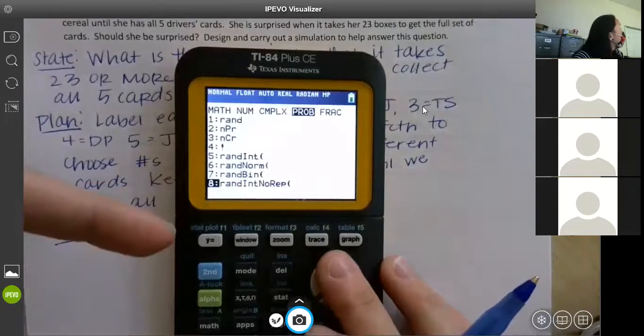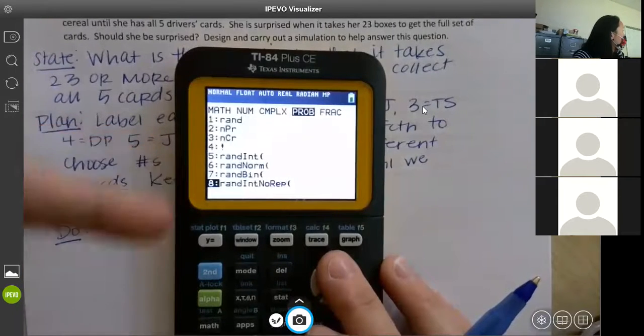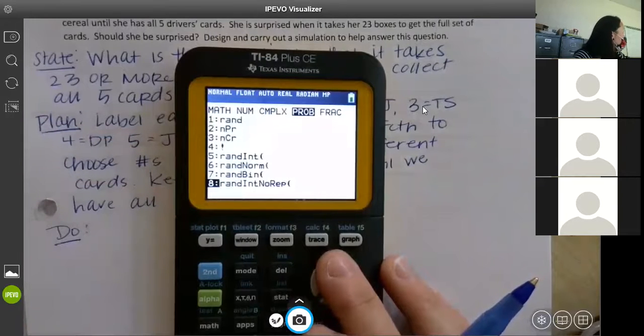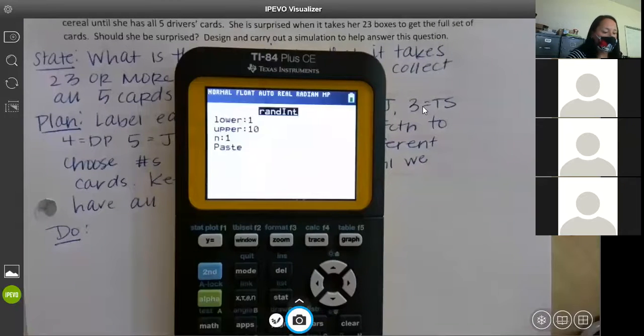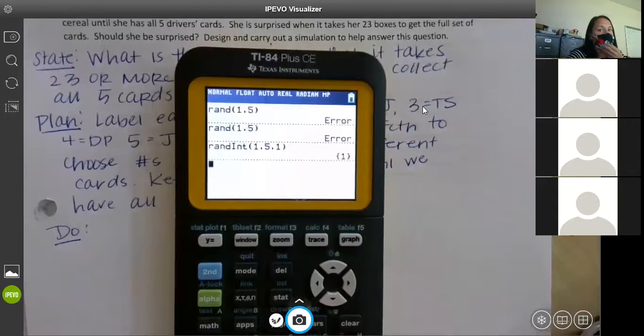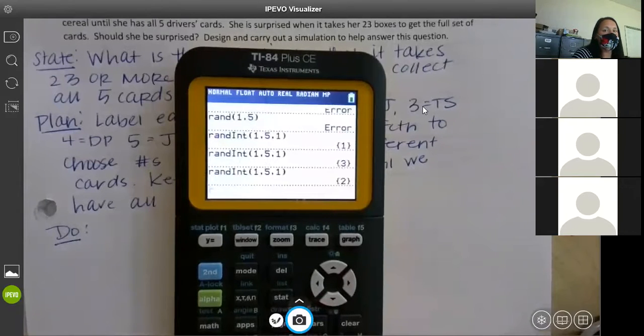Remember when we're trying to choose some without repeats, you could do that and that'll help you. But in this case, we want to have them in there, okay? So don't choose the one without repeats. So our lower is going to be 1, our upper is 5, and we're just picking 1 each time.